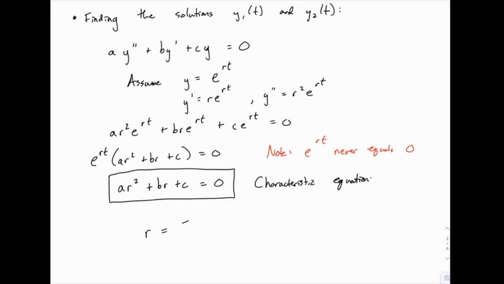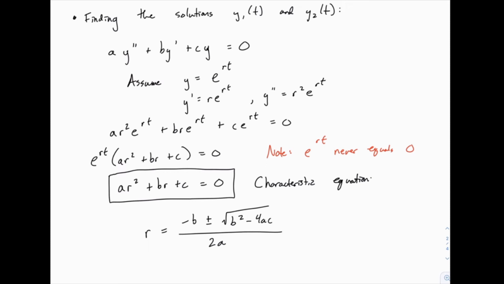So r would be the opposite of b plus or minus the square root of b squared minus 4ac all over 2a. Just as a reminder, in case it's been a little while, we can always fall back on this quadratic formula. If we can, though, we will factor this characteristic equation to solve for r.